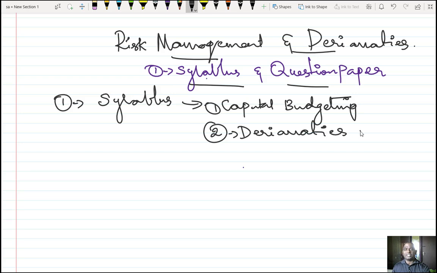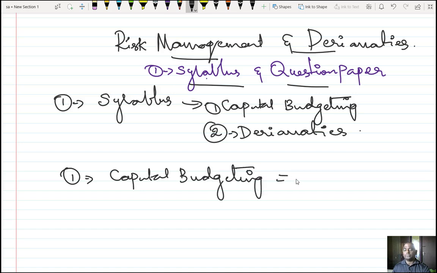Now, we will understand what capital budgeting is. You must have studied in your financial management, in your first semester, how to calculate net present value, NPV. If you are buying any asset, an asset could be an equipment, a plant, a fixed asset, a vehicle, or anything, whether it is worth buying that particular asset, how do we decide?